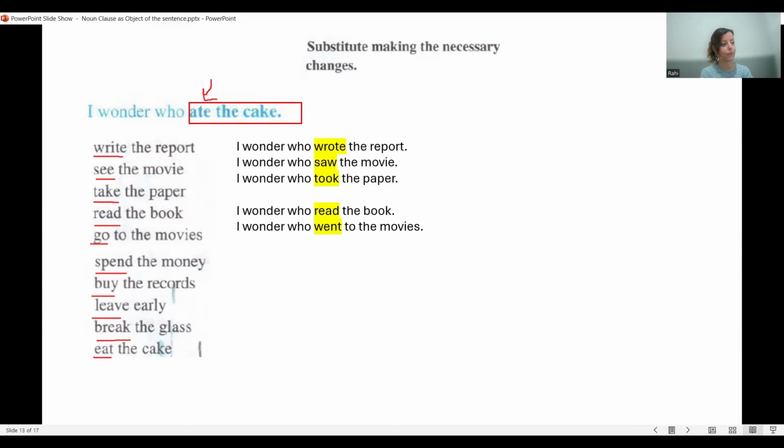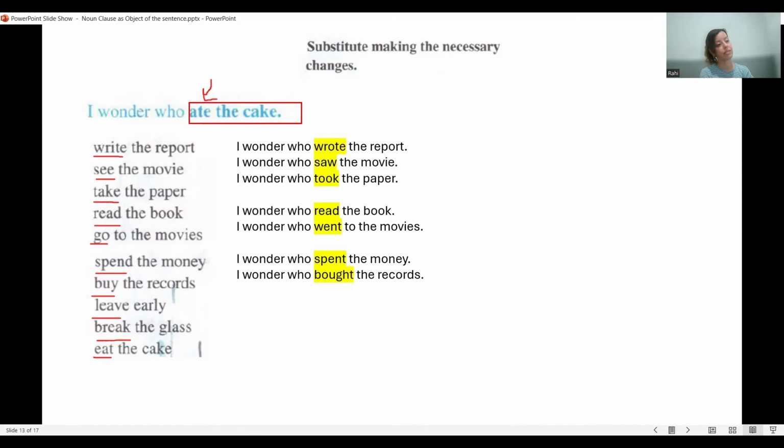Spend the money. I wonder who spent the money. Buy the records. I wonder who bought the records. Leave early.